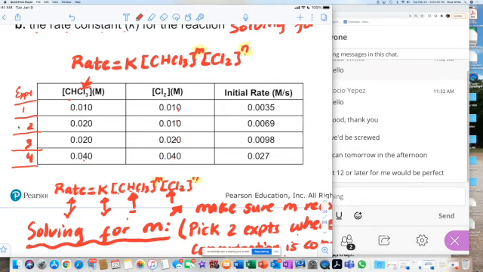Can you tell? Where the amount of CHCl3 is the same? Yeah, that's going to be experiment 2 and experiment 3, right? Again, I look at the other 2 numbers, and 3 is bigger than 2.